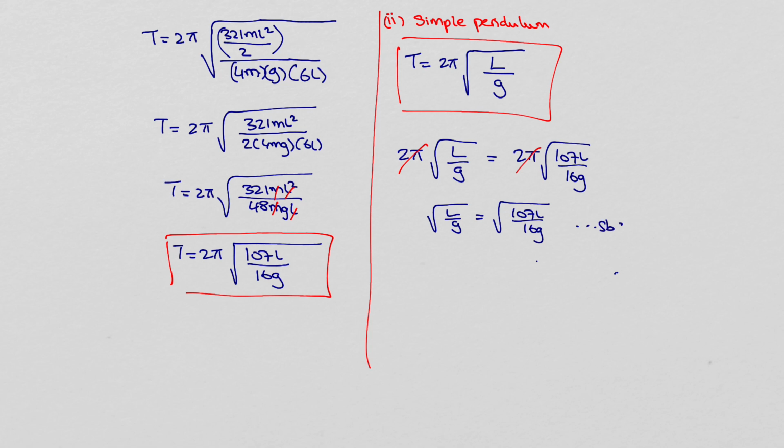If I square both sides, I'll get rid of the square root sign. And therefore I have L over g equals 107l over 16g. And I can multiply both sides across by g. And therefore the equivalent length of a simple pendulum to give the same periodic time in its swings would be 107 over 16 times l.